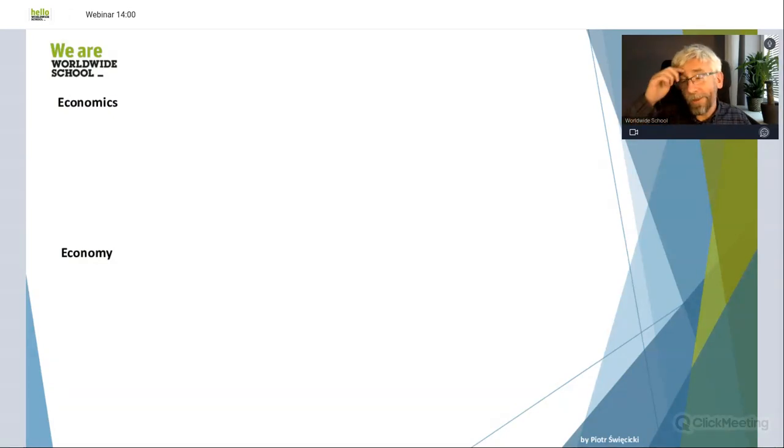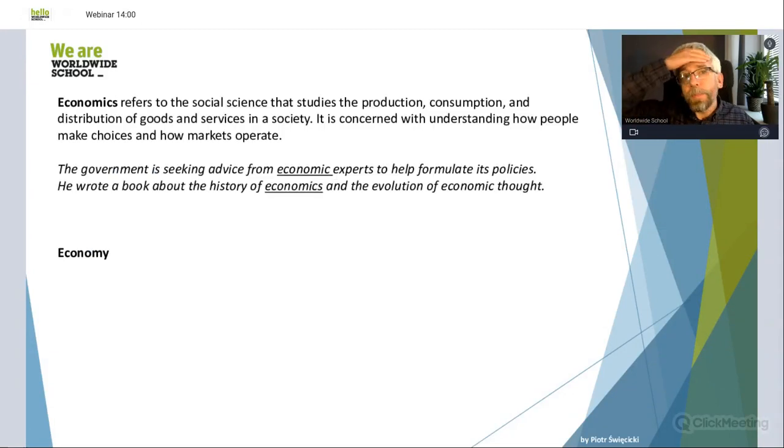Two very closely related words are economics and economy. So we had economic and economical, and now it's economics and economy. What is the difference? Economics refers to the social science that studies the production, consumption, and distribution of goods and services in a society. It is concerned with understanding how people make choices and how markets operate.